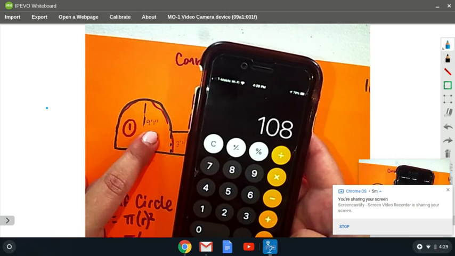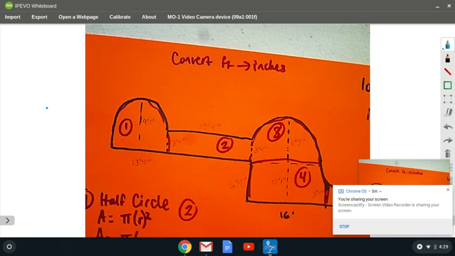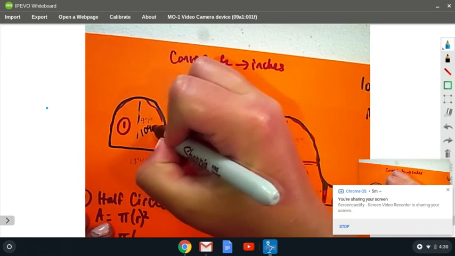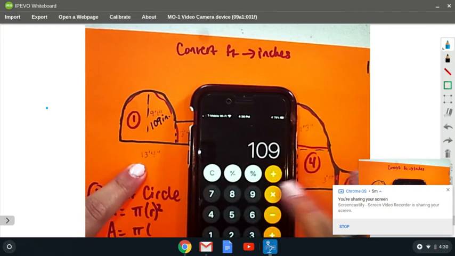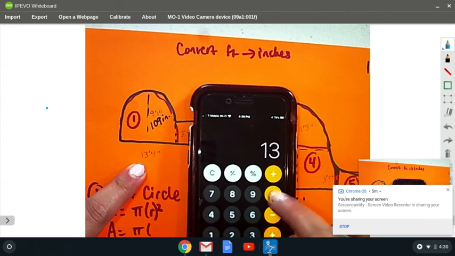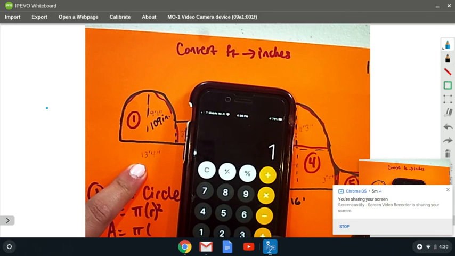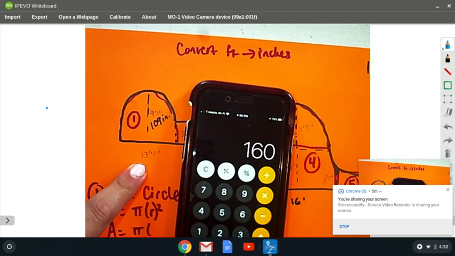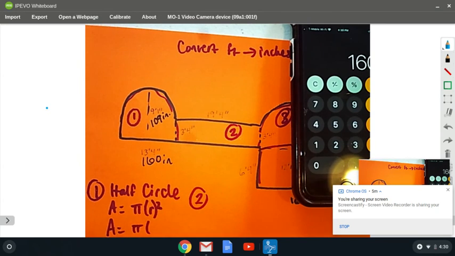That gives me 108 plus that 1. So that means there's 109 inches there. Here I have 13 feet, so 13 times 12 inches, and then I'm going to add the 4. I meant to put 4, sorry. 160. So now I got 160 inches here.